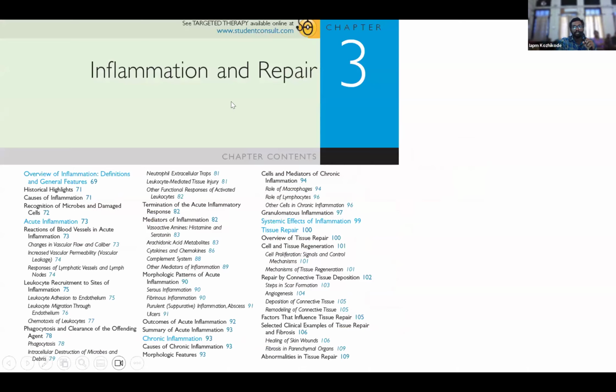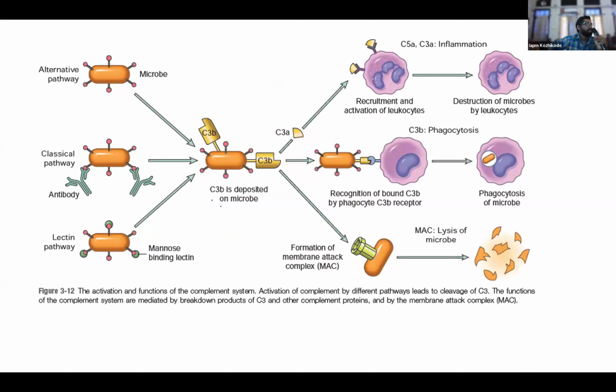I'll tell the most important chapter, some idea you should have regarding inflammation and repair. You know there is the complement pathway: the alternate pathway, the classical pathway, and the lectin pathway also.